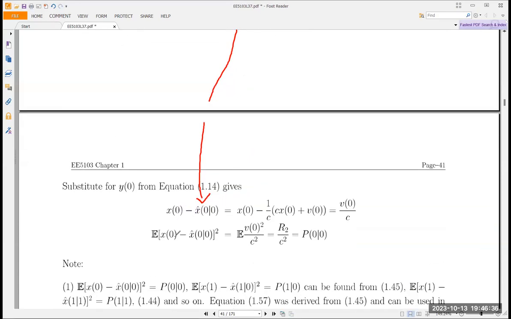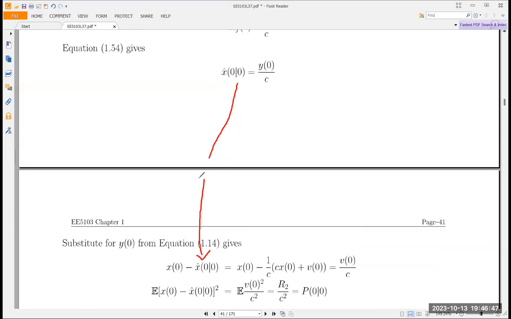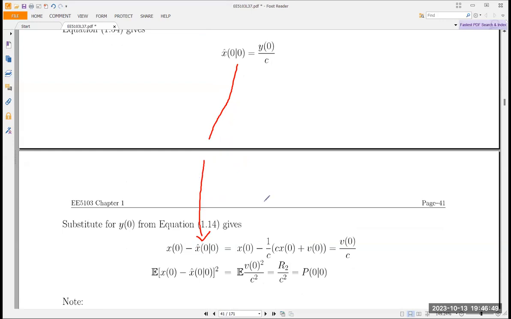All right. And Y, just help you a bit. You go and find the equation. Y is actually given by this. All right.